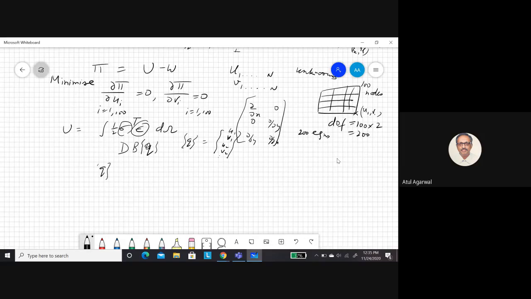Q transpose B transpose D transpose. Now what is your epsilon? Again B and Q. So this is your total strain energy. So this you are integrating over the volume. So further there is an integration exercise.